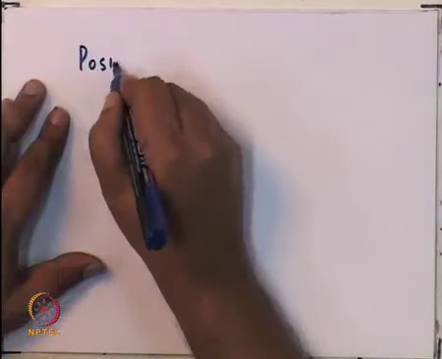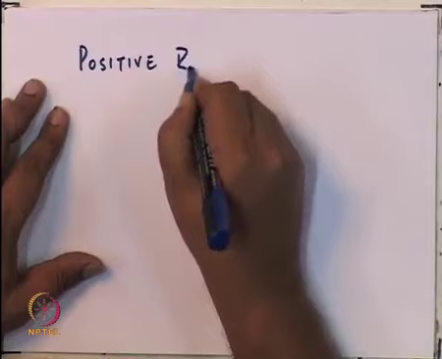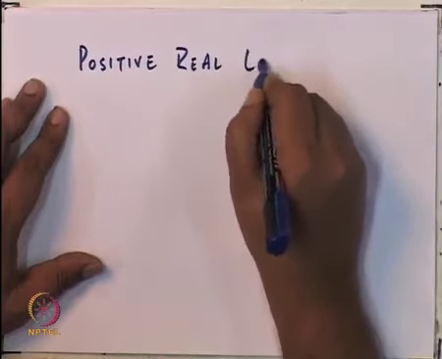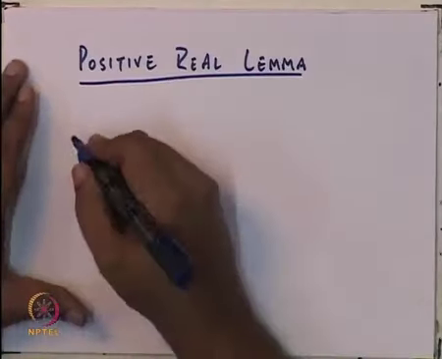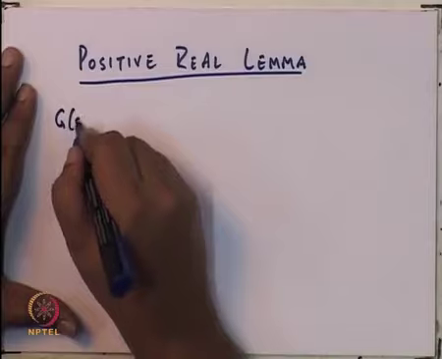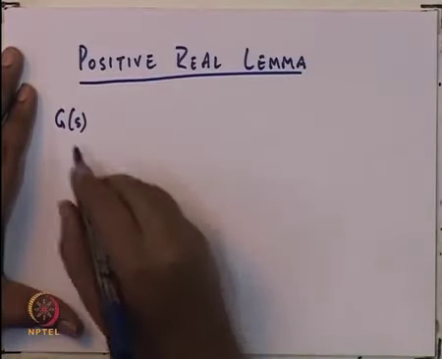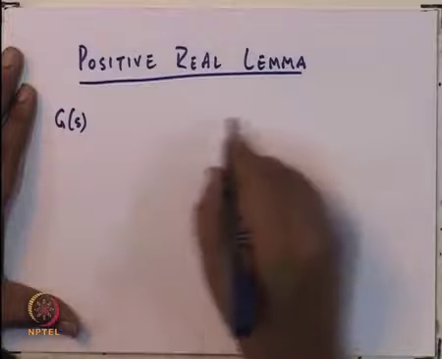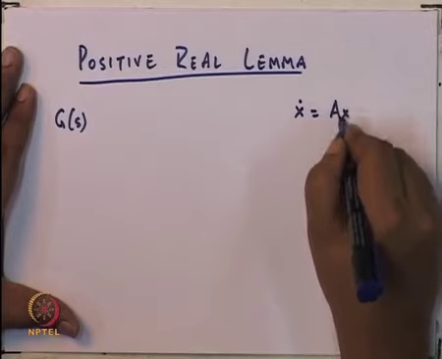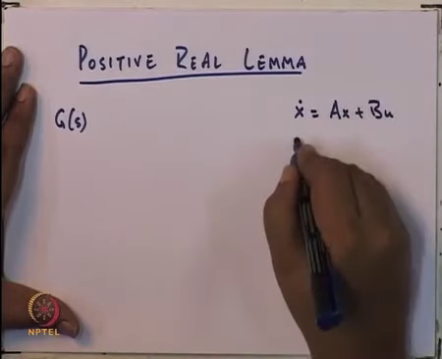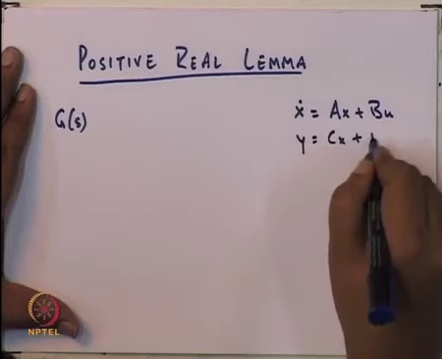So let me recall the statement of the positive real lemma. Let G(s) be a transfer function, and let's assume that there is a minimal state realization of this transfer function, which is given by x dot equal to Ax plus Bu, y equal to Cx plus Du.